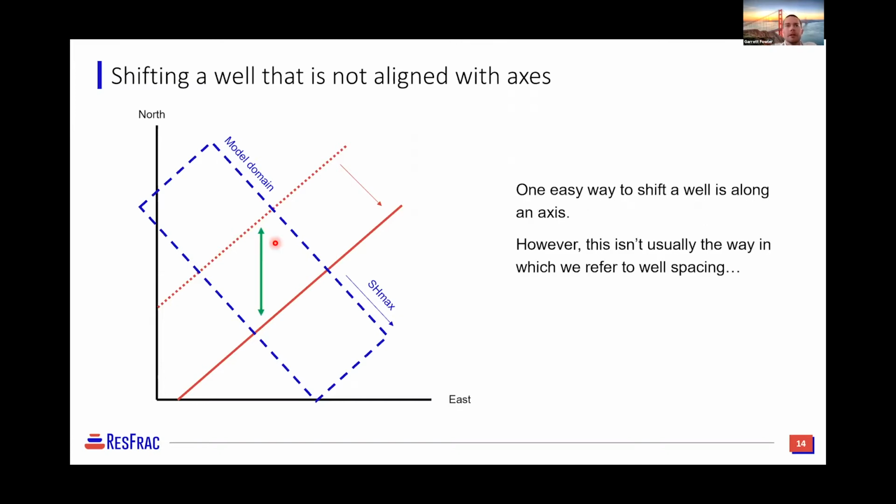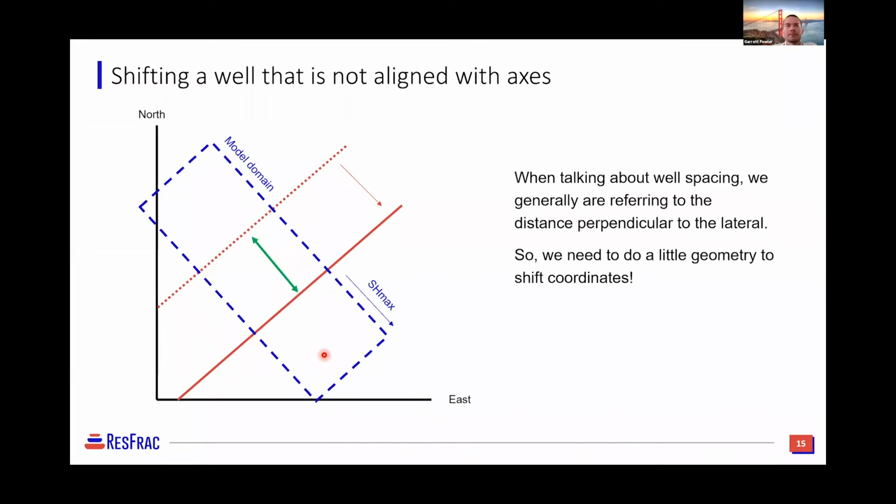So one way you could shift this dotted red well or create a new one is just to add a constant to all the y-axis values for the y vertices. And you would indeed shift the well into this new position, but that distance that you're shifting isn't necessarily the distance that is colloquially referred to as well spacing, because what we're interested in is the distance perpendicular to your well, which would be the second green line.